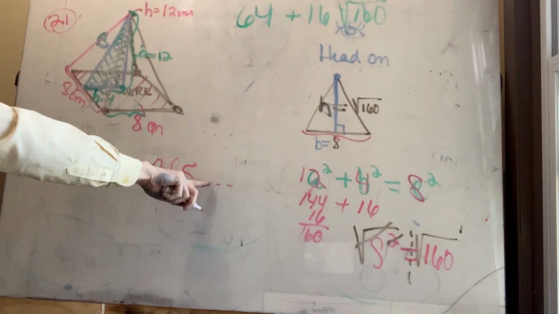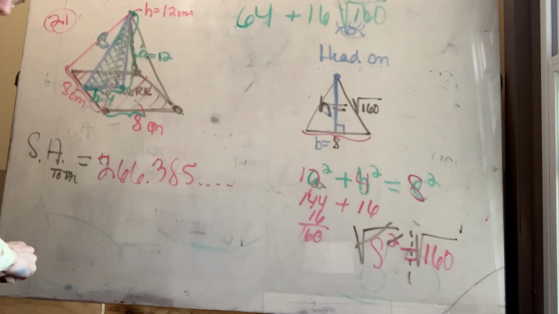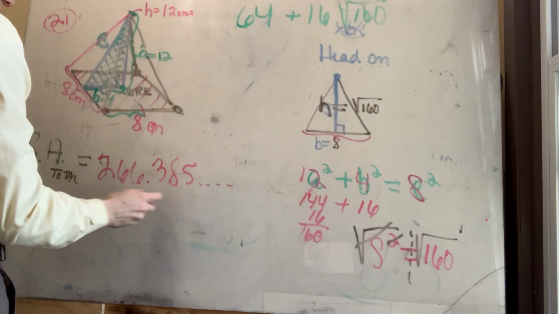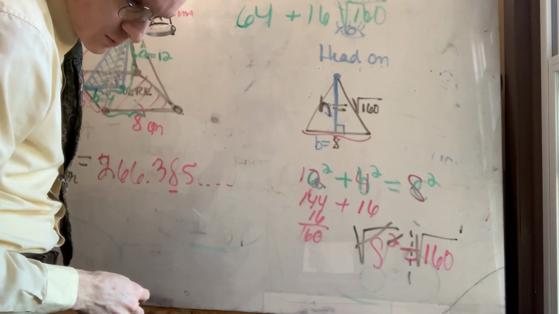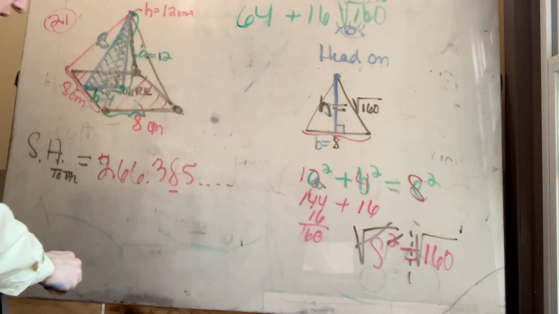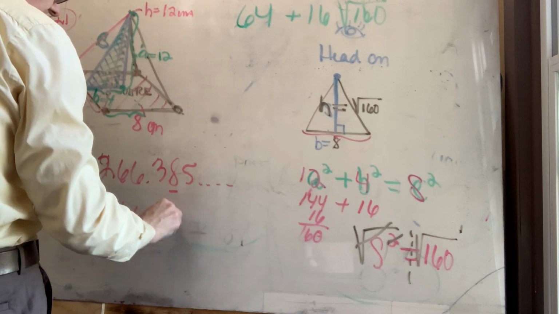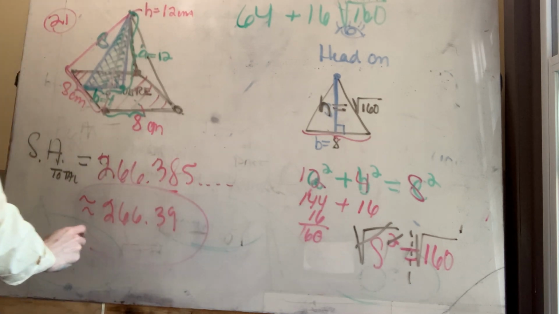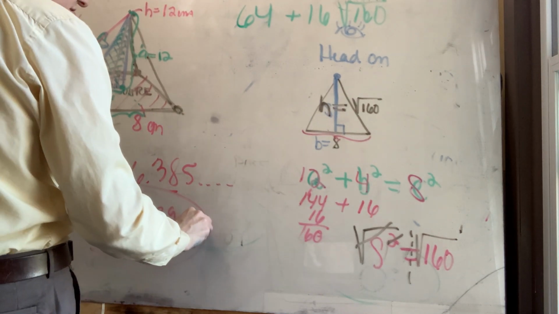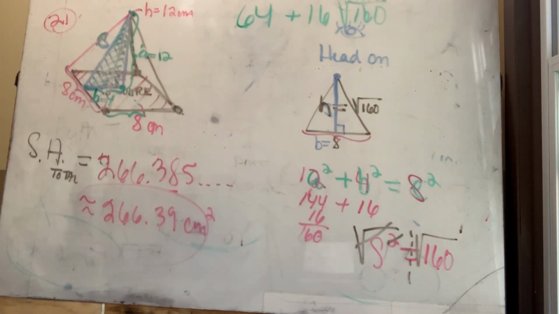That's because of the square root of 160. If you rounded it to the hundredth place, which I should have specified probably, it would be approximately 266.39. And since it's an area, it is centimeters squared is how the units would work out.